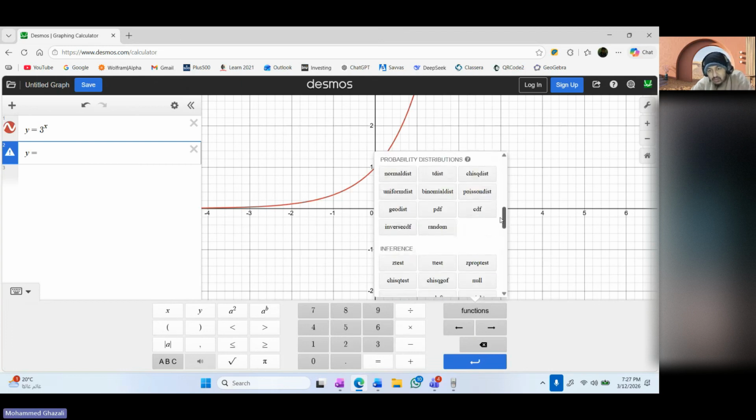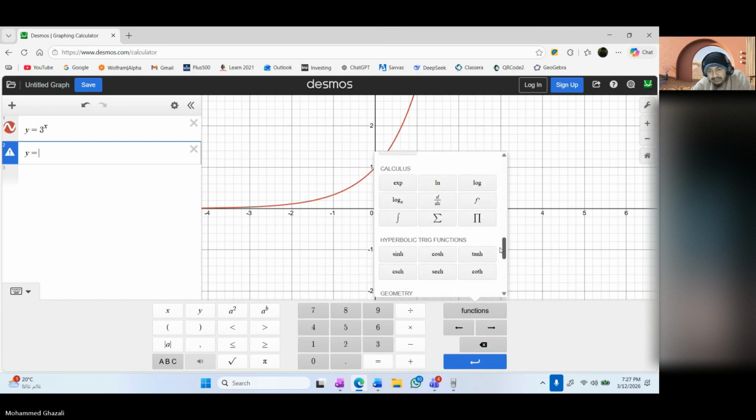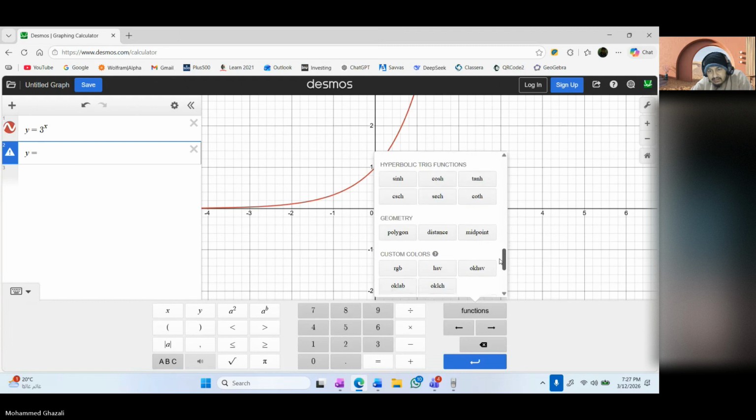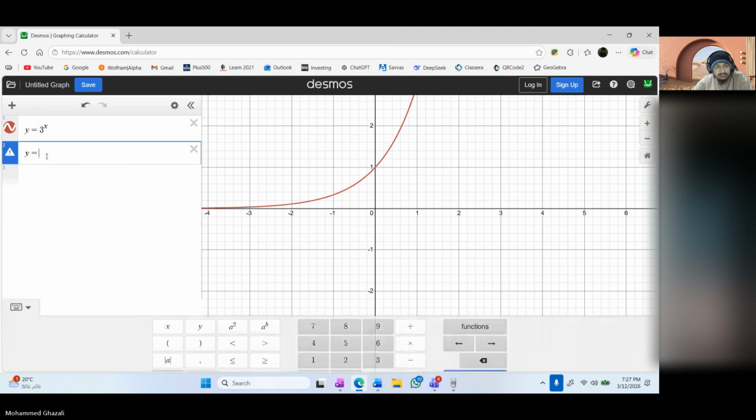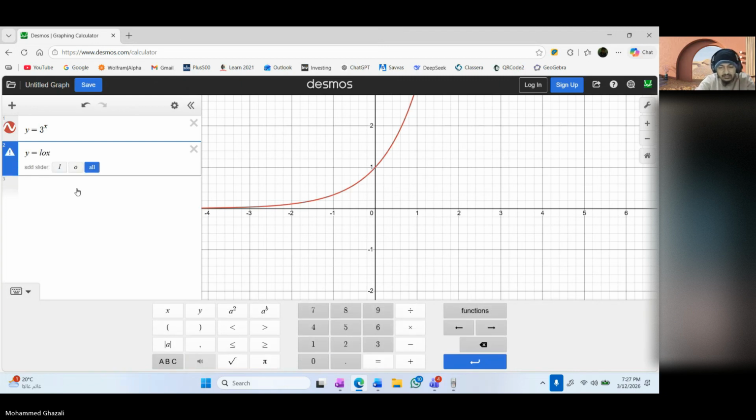I need to look for the function with a log. Log x base 3. It's the same thing as saying log x over log 3.